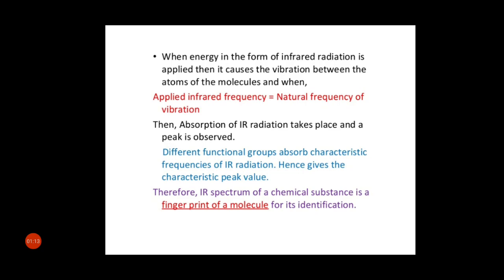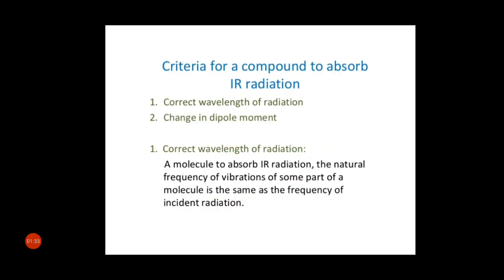Different functional groups absorb different frequencies of IR radiation, hence give characteristic peak values. Therefore, the IR spectrum of a chemical substance is a fingerprint of a molecule for its identification.